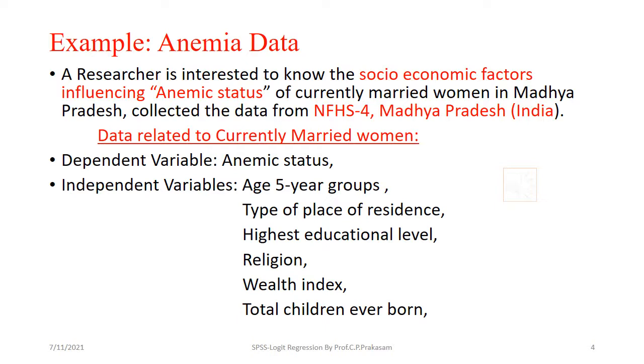With research experience, he supposes that all these variables are likely to influence anemic status, and he wants to derive it. To run the logit regression, we have to code the variables according to the classifications given in the worksheet.